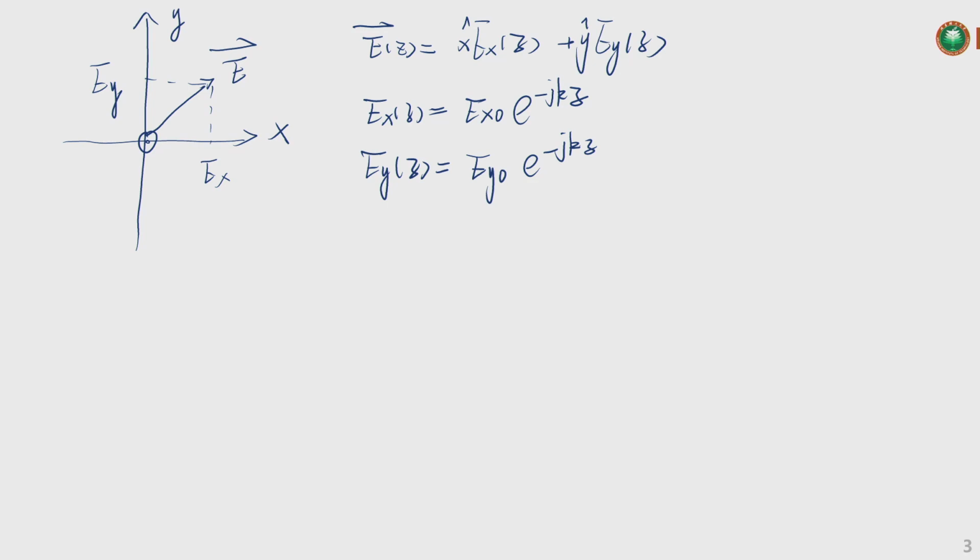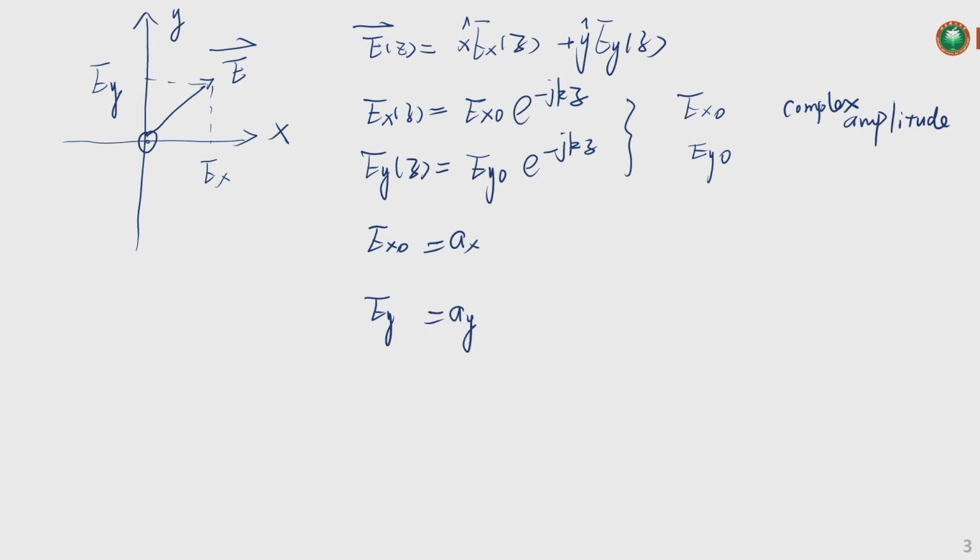Now Ex0 and Ey0 are complex values, so they contain phase factors. Previously, for convenience, we wrote Ex0 equals Ax times a phase factor, and Ey0 likewise.